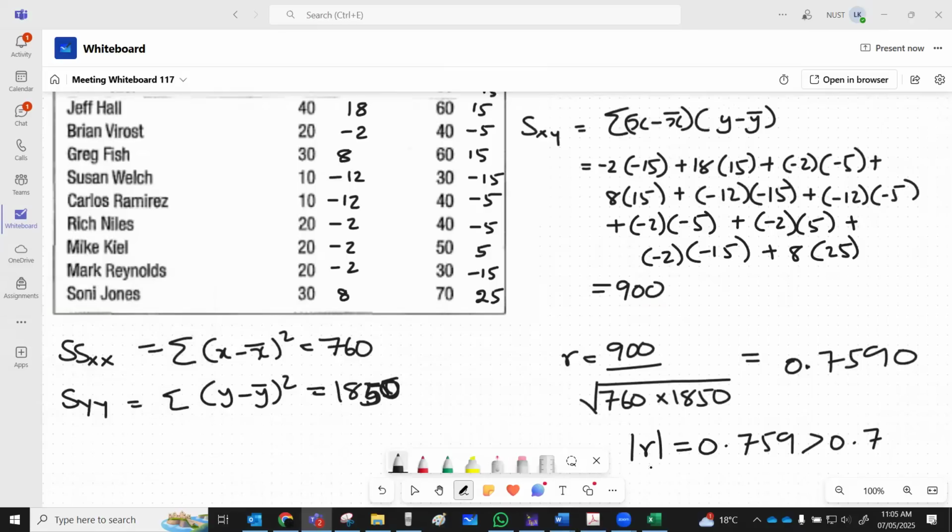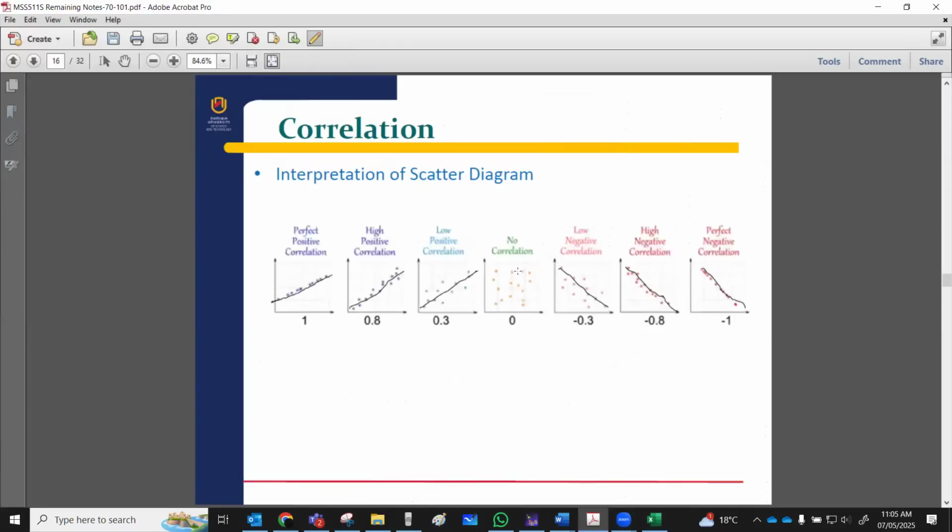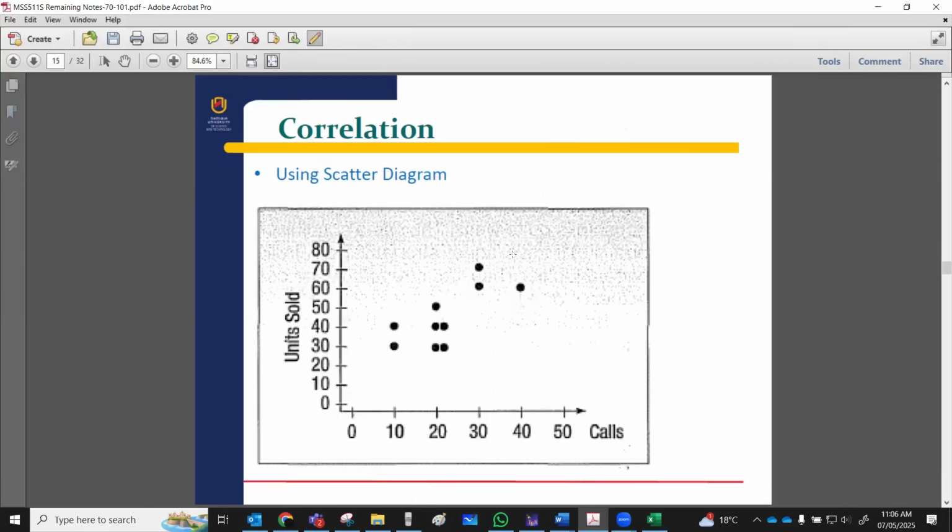So we have a strong positive correlation. Okay, so it's positive because even before I take the absolute value, the answer is positive. And we could see from our scatter diagram, here's our scatter diagram, when we drew the data, maybe the graph is not that clear.